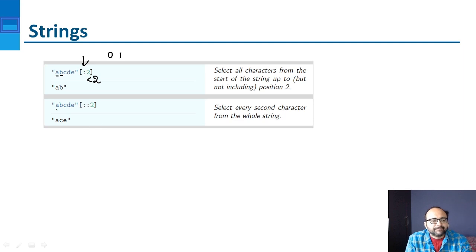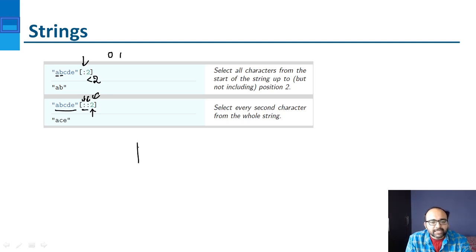And next, A, B, C, D, E with step 2 is specified. So this is going to display alternate characters because it will iterate throughout the entire string and index will be incremented by 2.